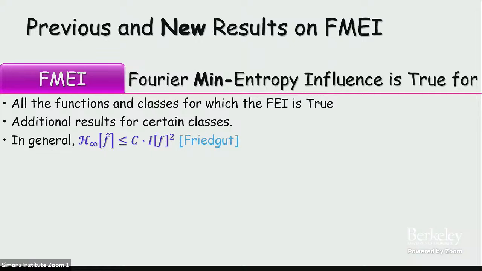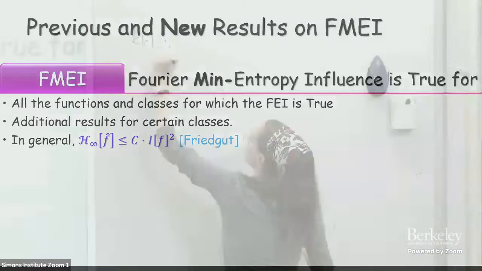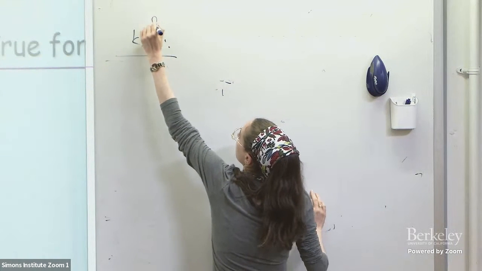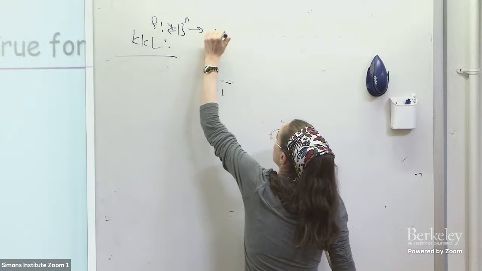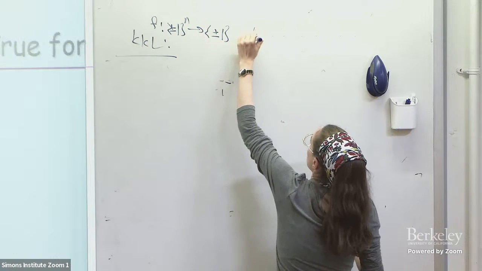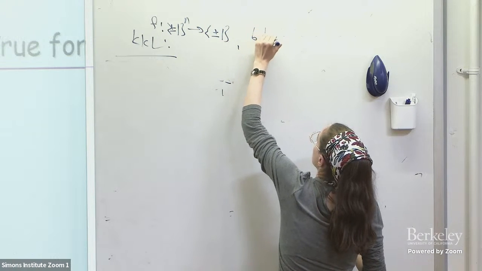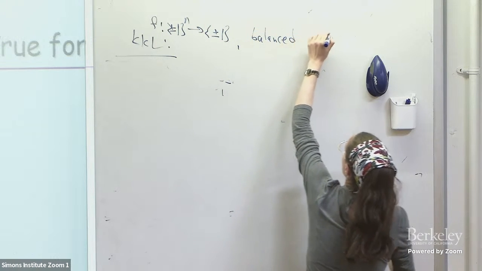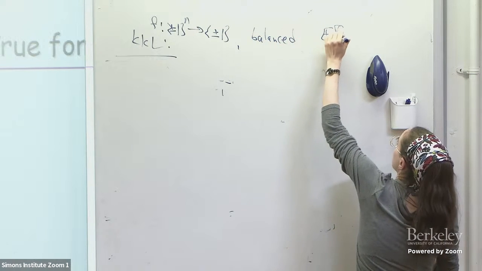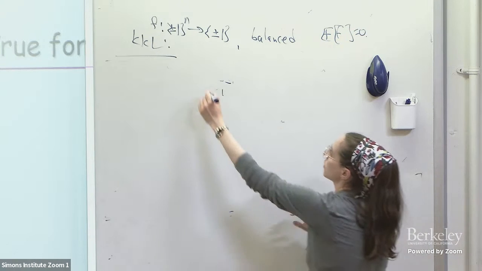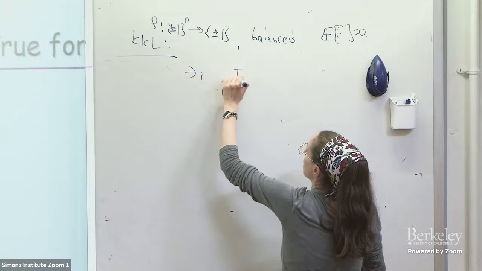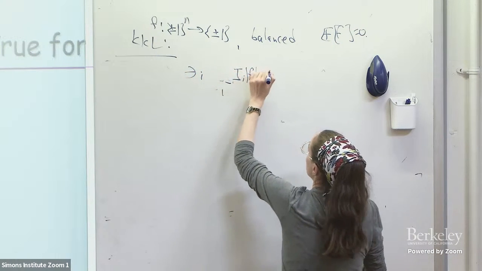Here again, the KKL: we have a Boolean function, balanced, meaning that the expectation of f is 0.